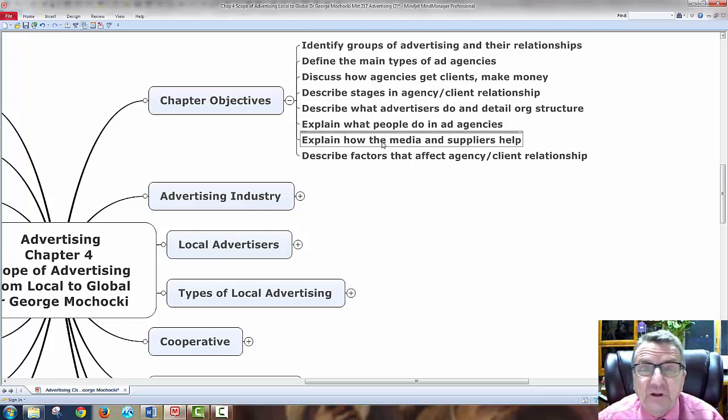A lot of times we just hire someone, or we have the main contact, what the chapters you've been reading call account managers. And what does he or she do? They're just a focal point. They're basically the face of the advertising organization that they're representing. Explain how media suppliers help.